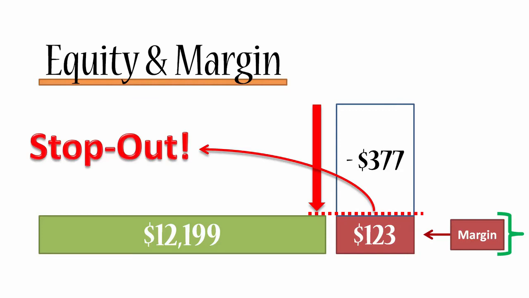Another thing you should be aware of is that sometimes there will also be a margin call. A margin call normally occurs before a stop out, and it's a warning from the broker telling you that you're getting very close to the stop out level and you should intervene and do something about it. Now, it's not necessarily going to happen.